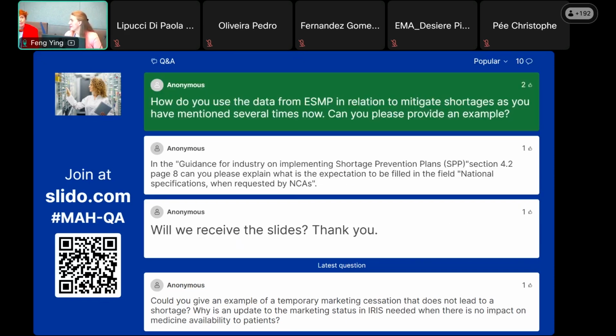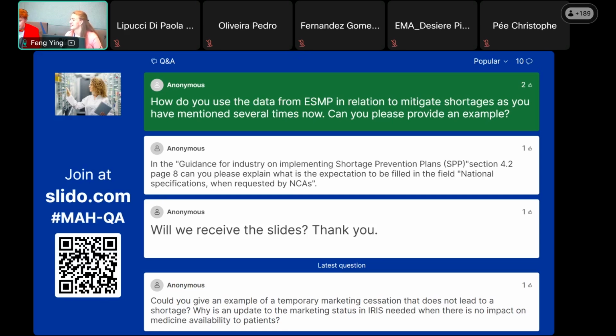Next question is, how do you use the data from ESMP in relation to mitigate shortages, as you have mentioned several times now? Can you please provide an example? Indeed, we had this question earlier today, I think. I don't know if any of my colleagues want to add anything on what I said before. But indeed, as mentioned, we do use the data to mitigate shortages, looking into it, assessing all of them, and taking actions on especially the more critical ones, stepping into contact with MAHs, alternative MAHs, maybe also our national competent authorities, the SPOC working party.